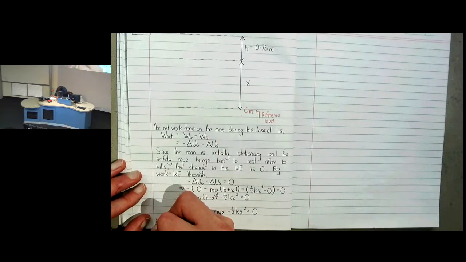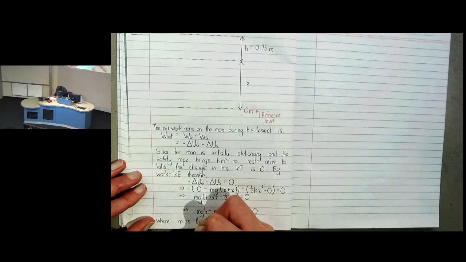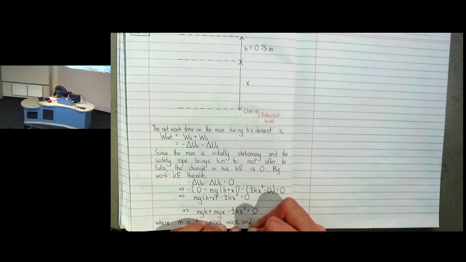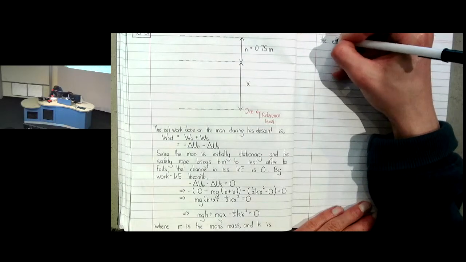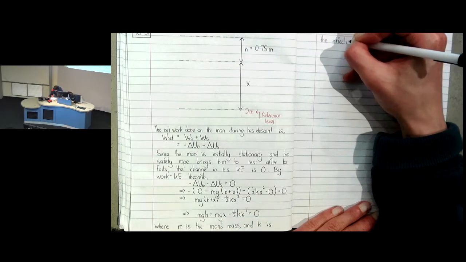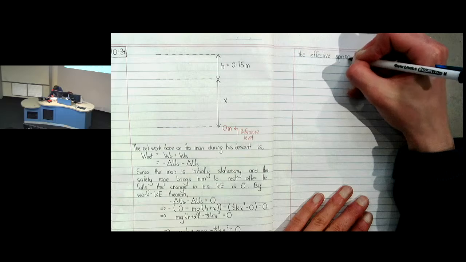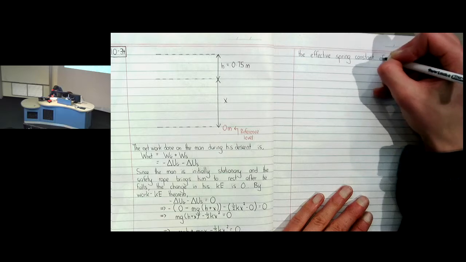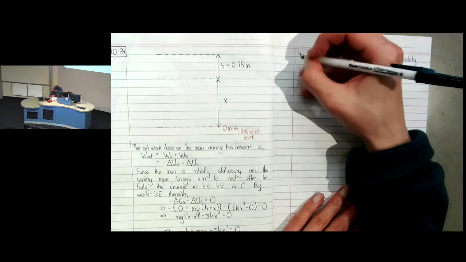And I guess we should note where m is the man's mass, and k is the effective spring constant of his safety rope. And we're given numbers for both of those.